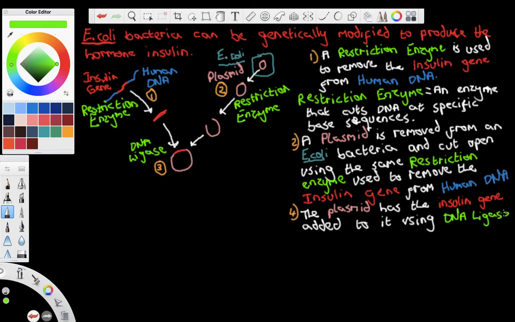Now, DNA ligase is an enzyme that sticks genetic material together. The word lig means to stick. So DNA ligase is defined as an enzyme that sticks genetic material or DNA together.